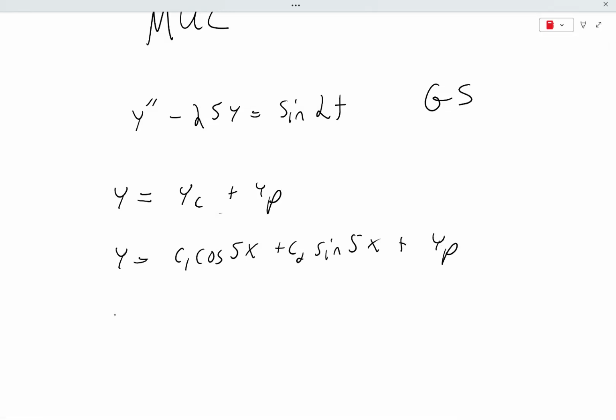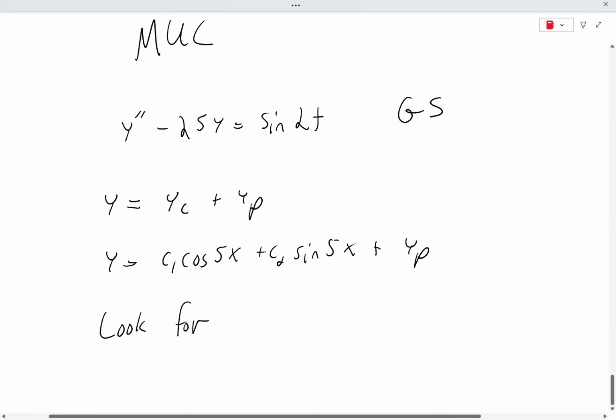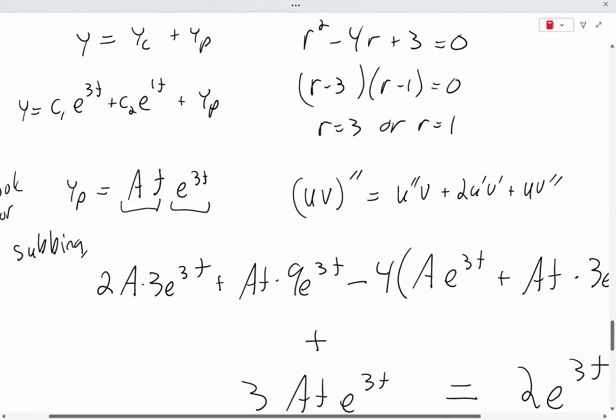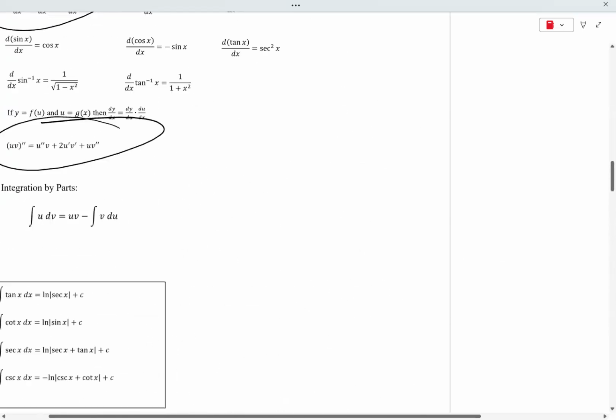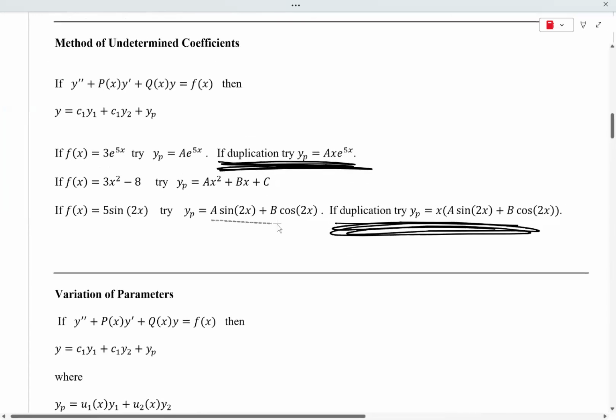And for this one, look for y sub p equals, and there's a form for that. I kind of gave an example for that one. So it's going to be like this. If you have a sine or a cosine there, you got to go like this.